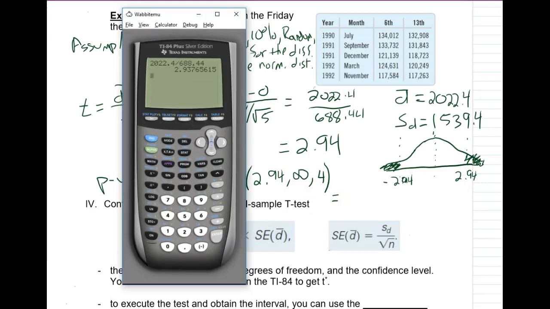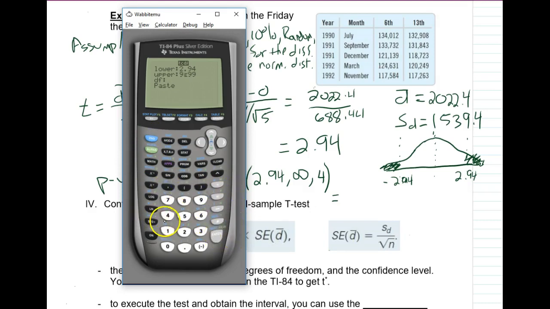Well, let's pull the calculator back up. We'll go into stat, second function distribution, and we come down to tcdf. Our lower is going to be 2.94. My upper will be infinity.